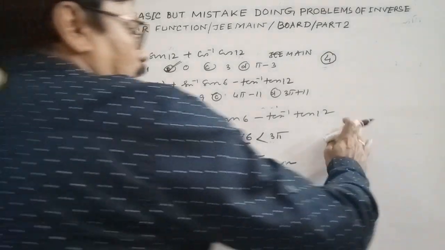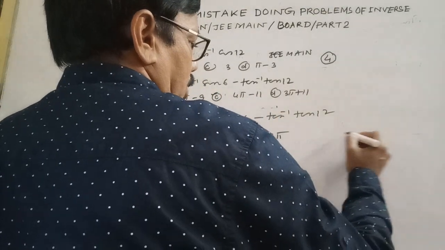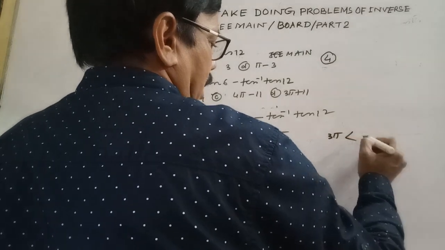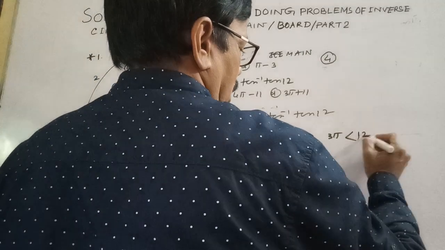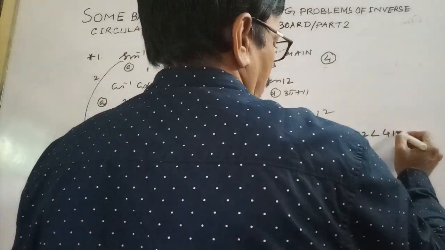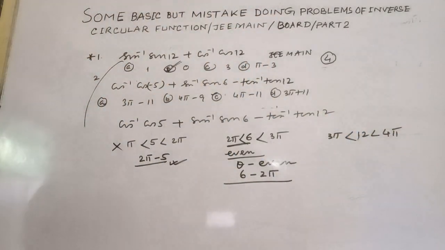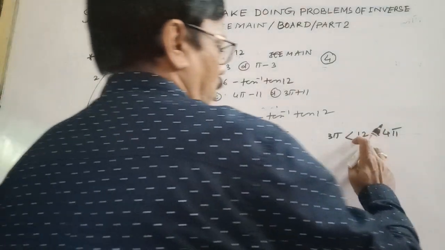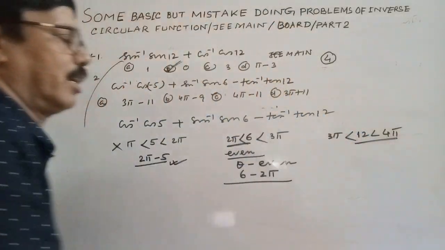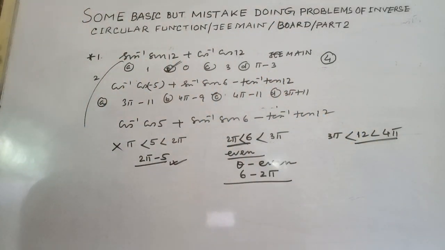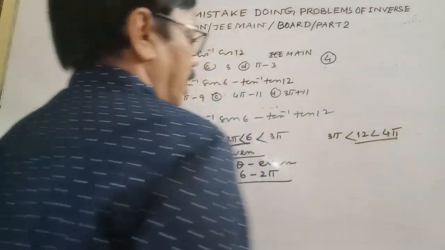Now 12. So 3 pi is less than 12, which is less than 4 pi. So this one is nearer.